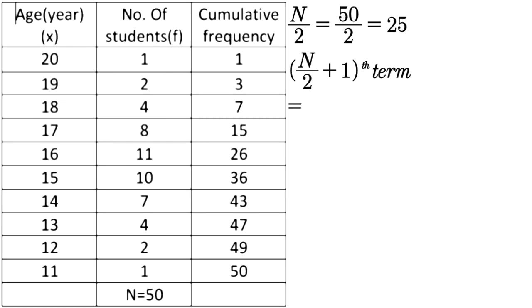We have already found that n equals 50, so n by 2 will be 50 divided by 2 equals 25. Next we are to find the n by 2 plus 1 term.